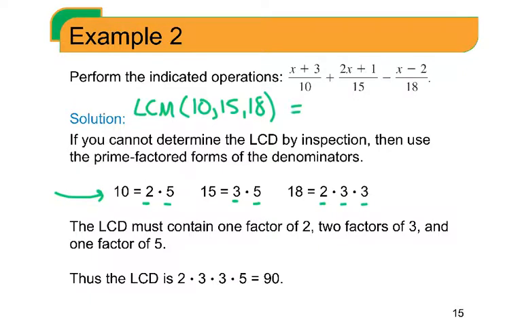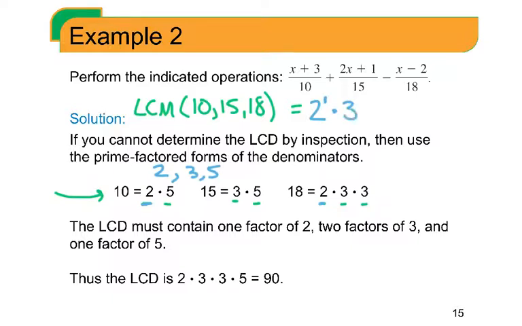So to get my least common multiple, I need to use every prime. So I'm going to need to use 2's, 3's, and 5's. I'm going to use it the most times I see it in any number. So how many 2's do I want? Well, there's only 1. So that's 2 to the first power.